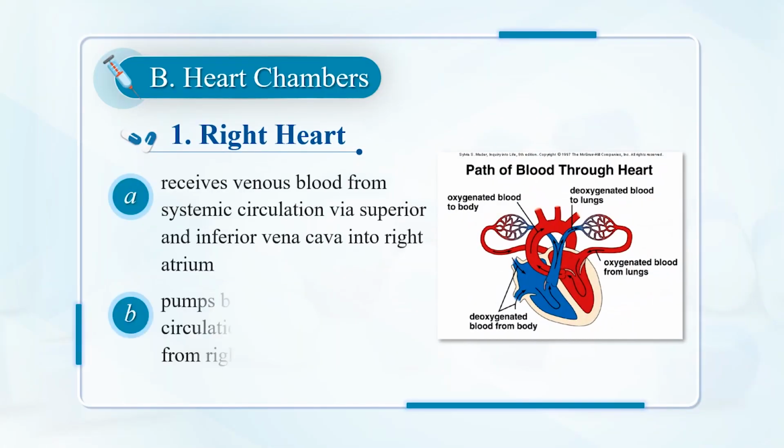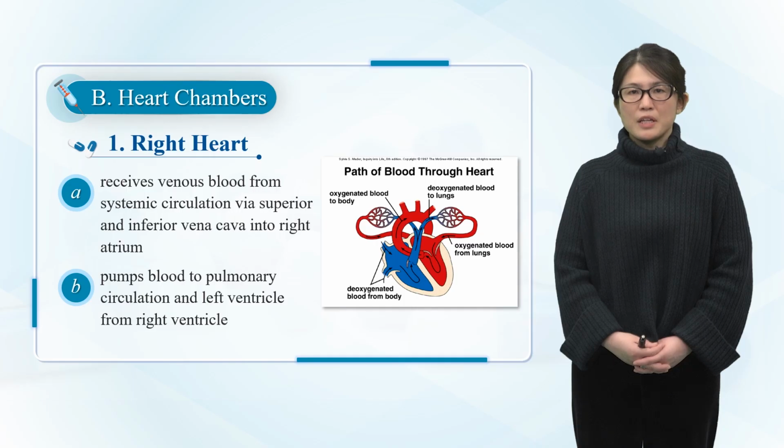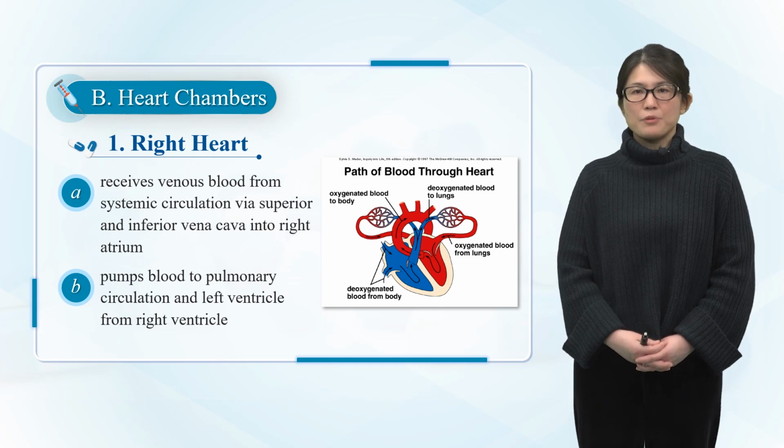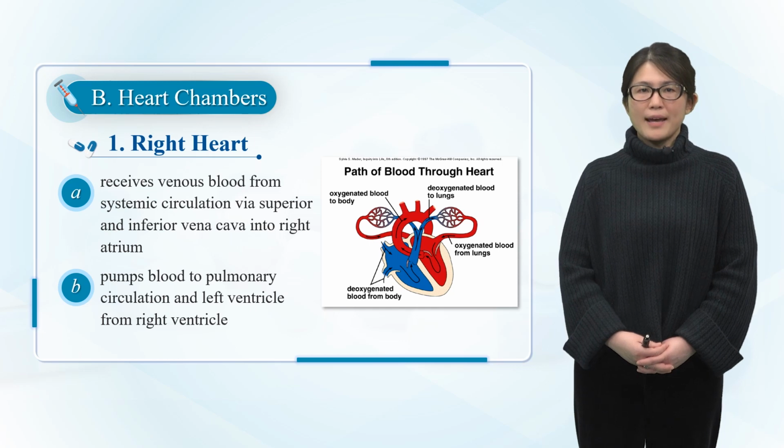The right half of the heart includes the right atrium, right ventricle, and the hypoxic venous blood. It receives venous blood from systemic circulation via the superior and inferior vena cava into the right atrium, and pumps blood from the right ventricle to the pulmonary circulation.